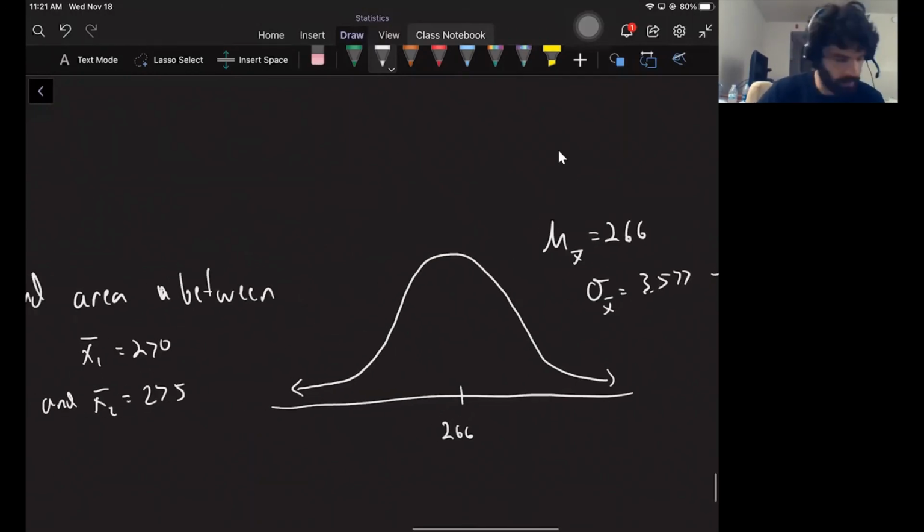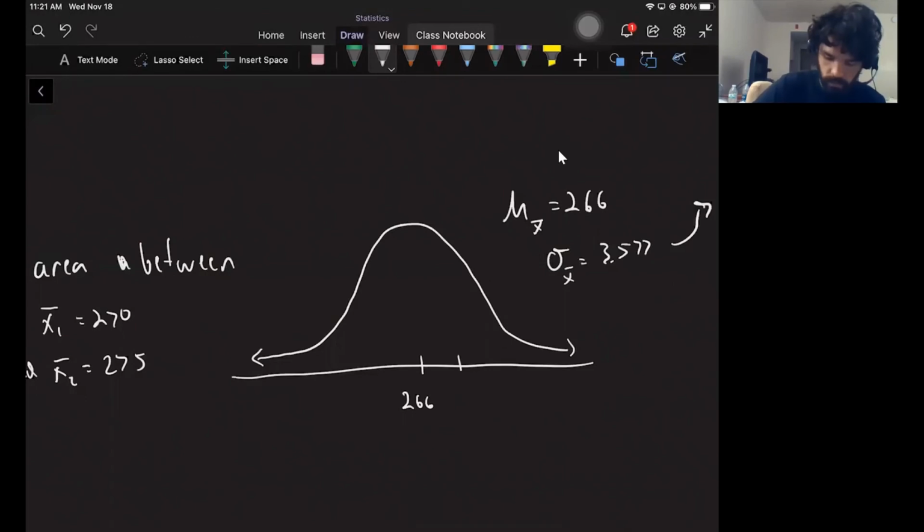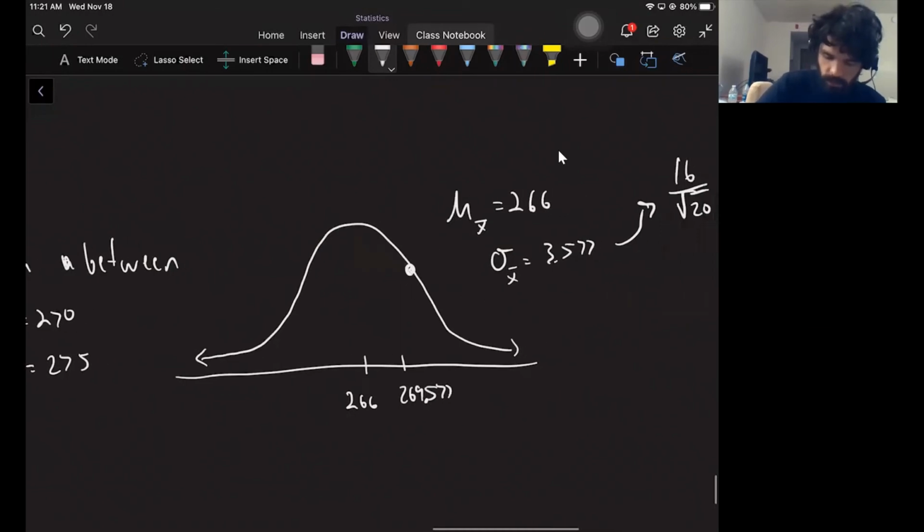So finding the area here, because of this being a standard deviation, that's the first function on the right. You just have to add and subtract that amount.